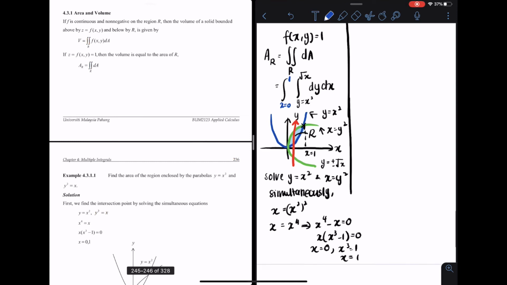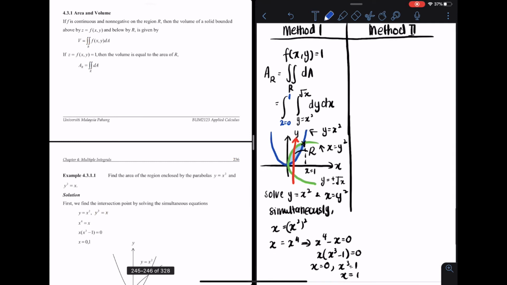So I hope you can see the process. So why don't we try to repeat the same process, but right now we will use method 2.